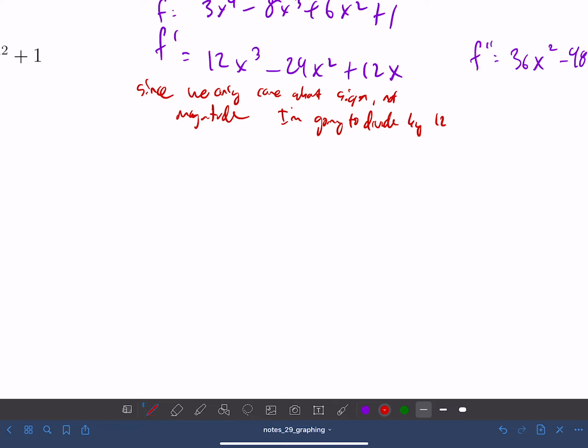So I'm going to play with x cubed minus 2x squared plus x, which looks so much better because I can totally mentally factor this. That's x times (x squared minus 2x plus 1), which is x times (x minus 1) times (x minus 1).